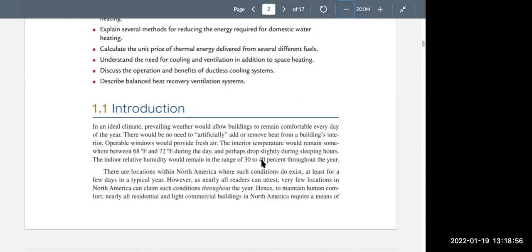If you get it down to like 20 or 15% humidity, that's where you might have a dry cough, or your nose might dry out, or you can't breathe. So that's the idea. How do we figure out how to get each one of us in the building that we are in to be comfortable and be as energy efficient as possible? That's the question that we're starting to look at. It's a very complex question, but it can be answered and we can figure it out.